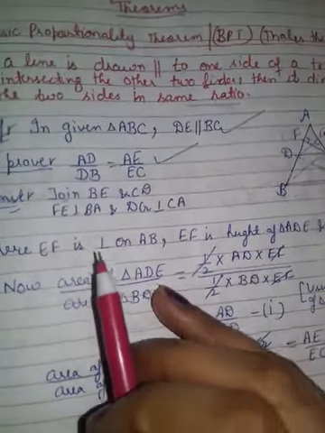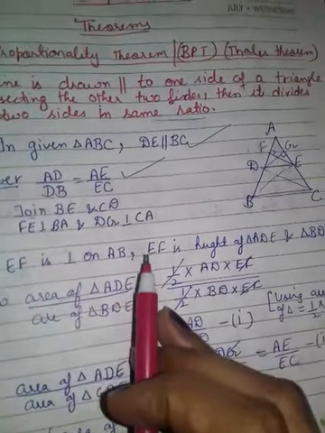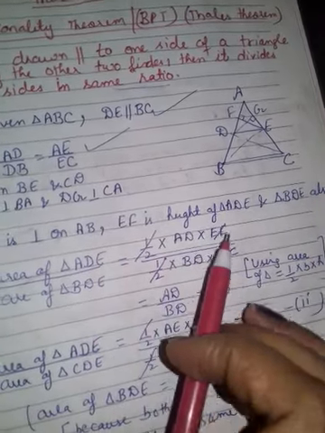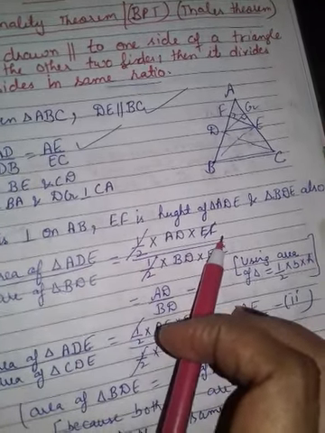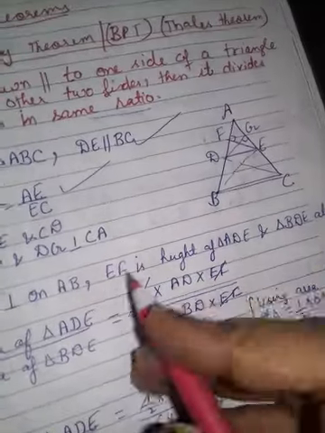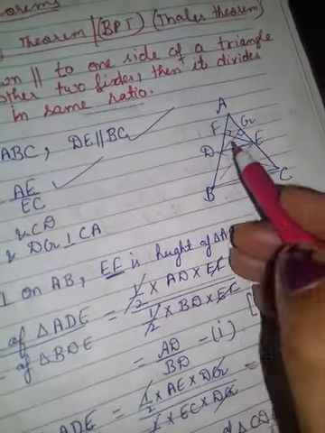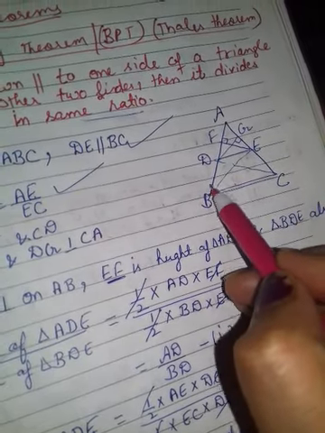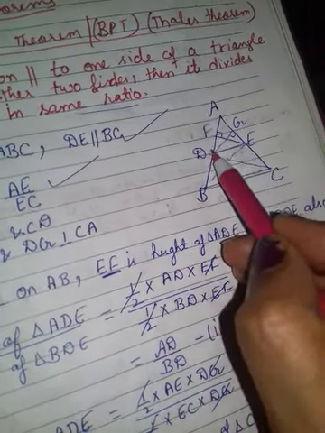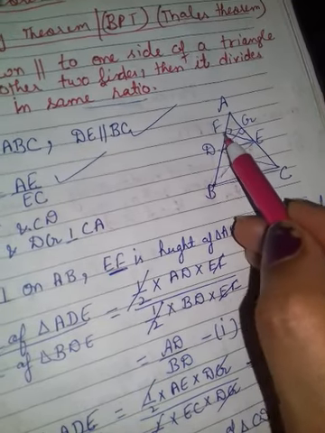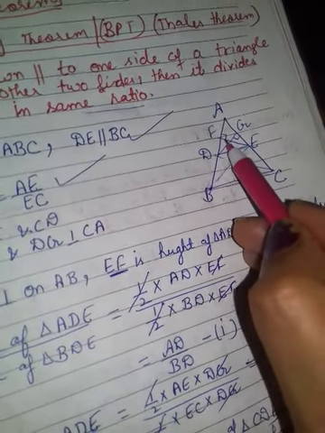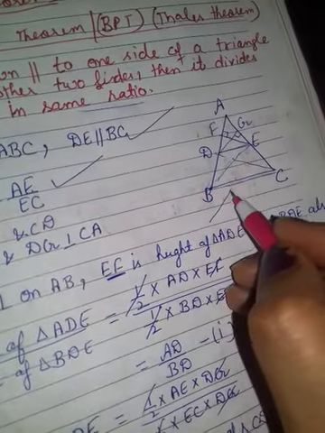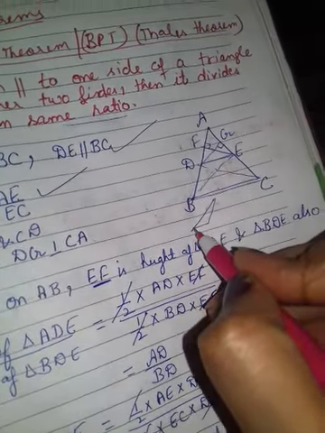After that, EF is perpendicular on AB, so EF is the height of triangle ADE and also of triangle BDE. In this triangle it is also working as a height. However, it is outside, no problem, because a perpendicular can be drawn anywhere.